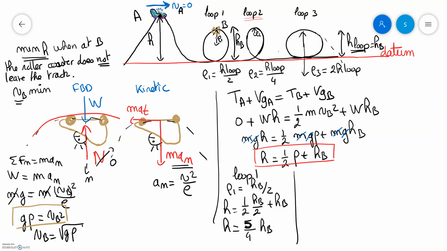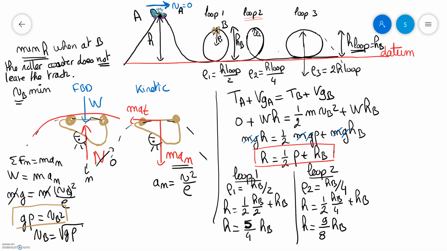Second scenario, loop 2. Rho 2 is equal to HB divided by 4. So I use this formula: h equals 1/2 of rho, and rho is HB divided by 4, plus HB. So this one is 1/8, and h is equal to 9 divided by 8 HB.